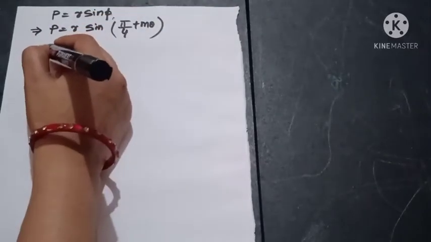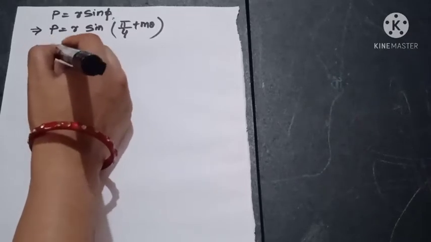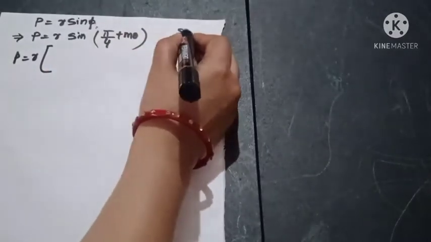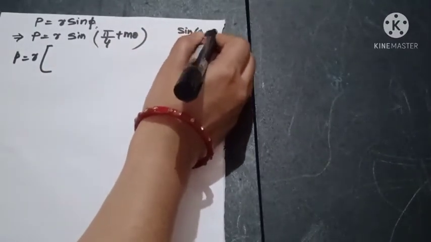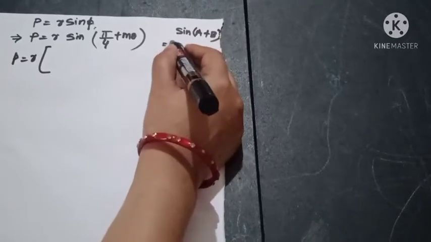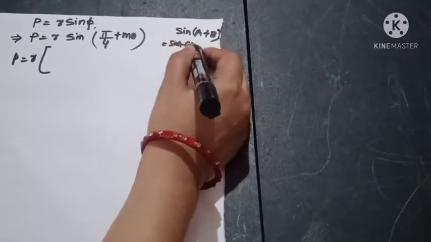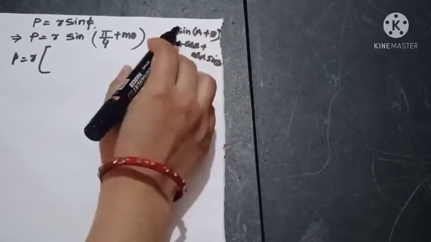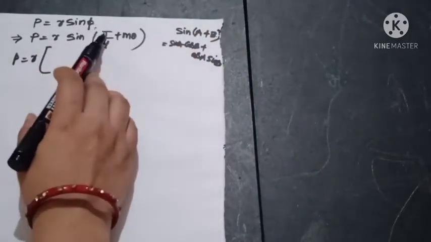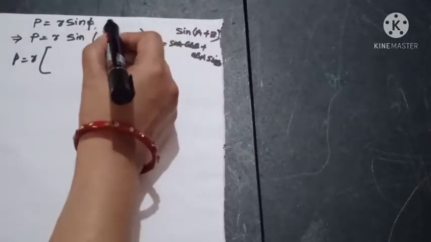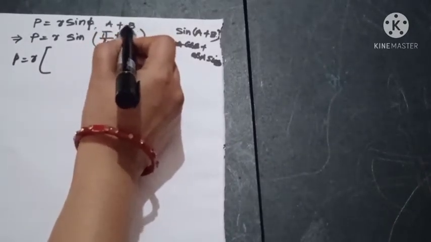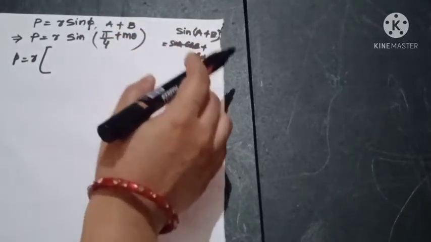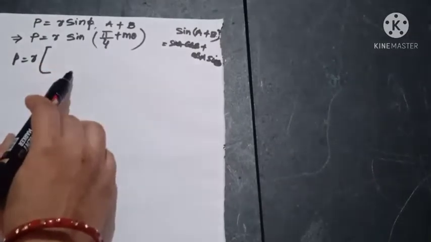We know the formula sin of (a plus b) is sin a cos b plus cos a sin b, where a is pi by 4 and b is m theta. We will apply this formula here.